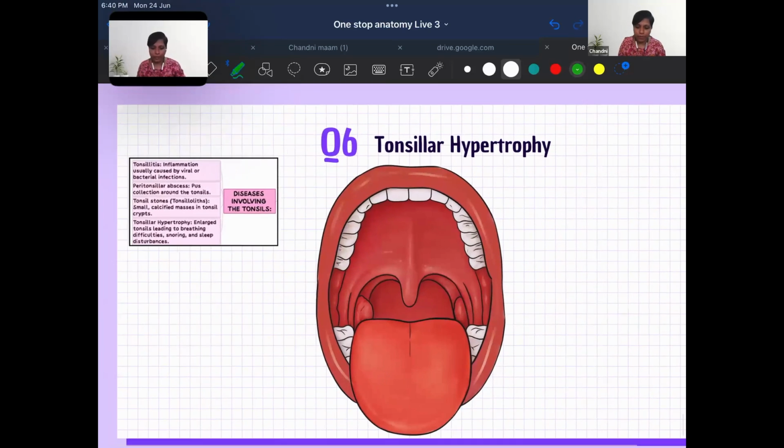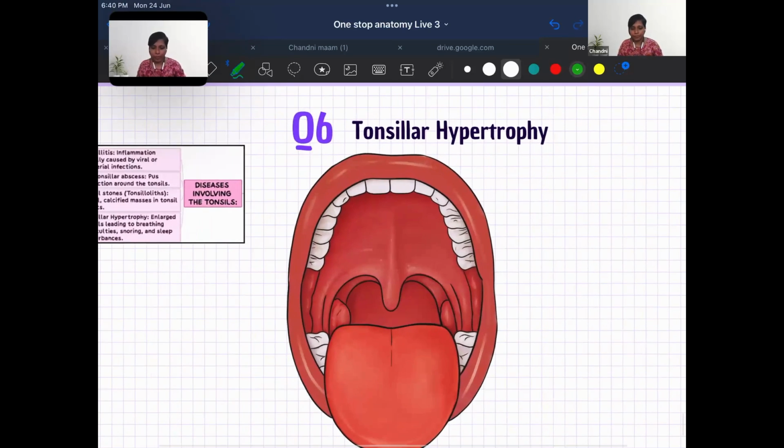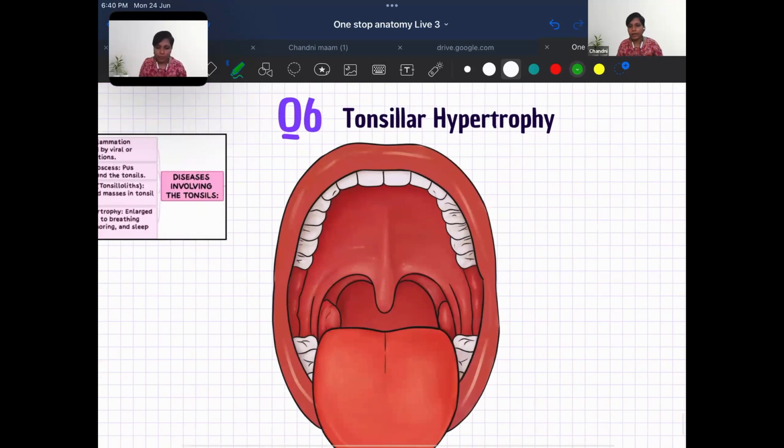What is the meaning of hypertrophy? Anybody? Enlargement. Okay. Anything that is abnormally large. Inflammation is itis, guys. Trophy means enlargement. Hypertrophy means enlargement.